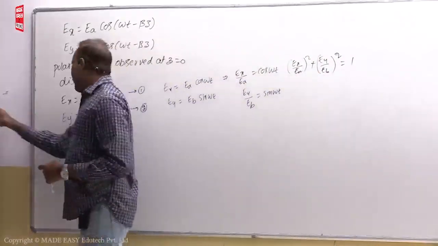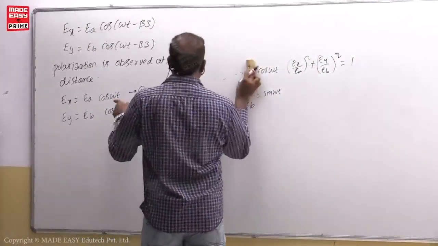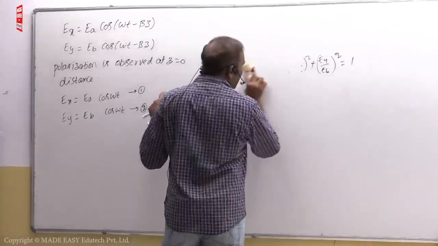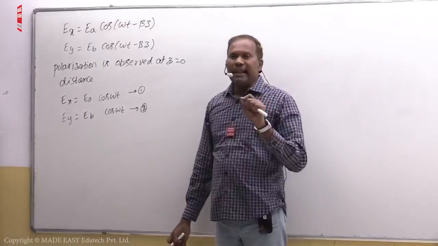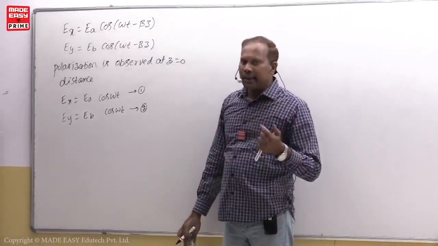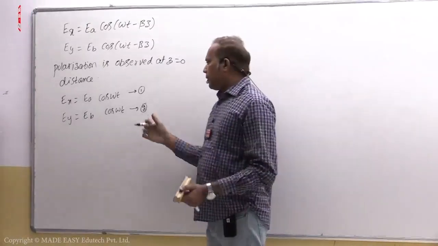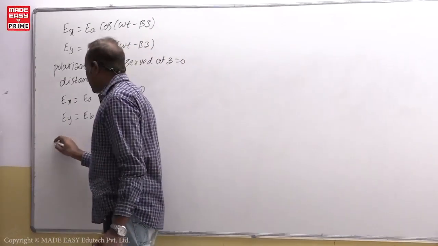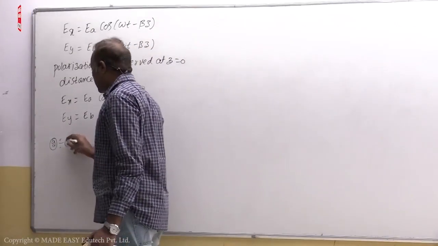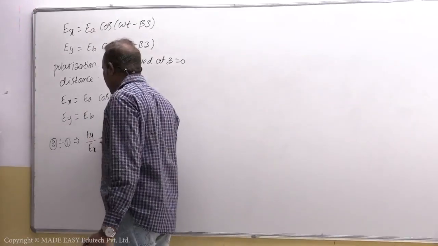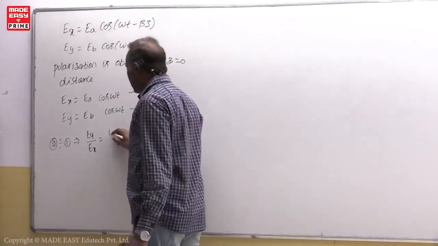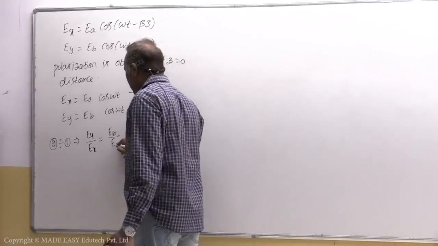Now in this case, how to eliminate the time? You eliminate the time and get the link between Ex and Ey, and that is called the resultant electric field equation. So you take equation 2 divided by equation 1, then you get Ey by Ex; this cancels, and you get Eb by Ea.